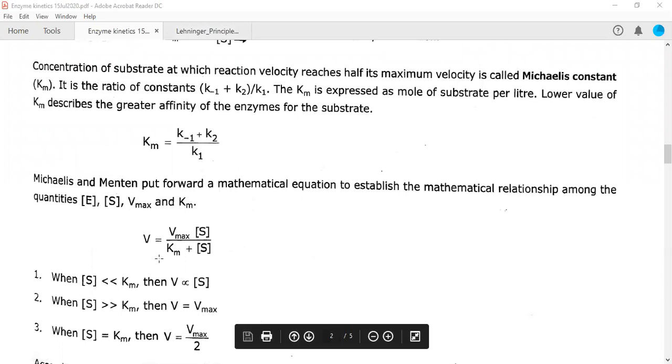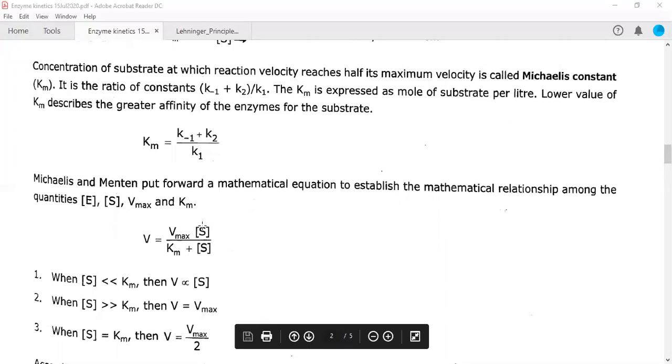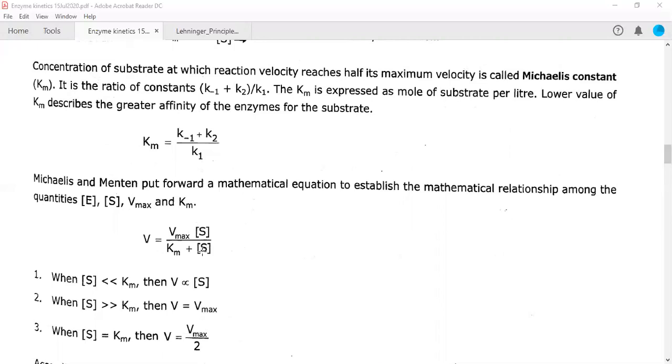The substrate concentration is very much less than Km, so you can remove this substrate concentration from here and from here. So this will become Km only.